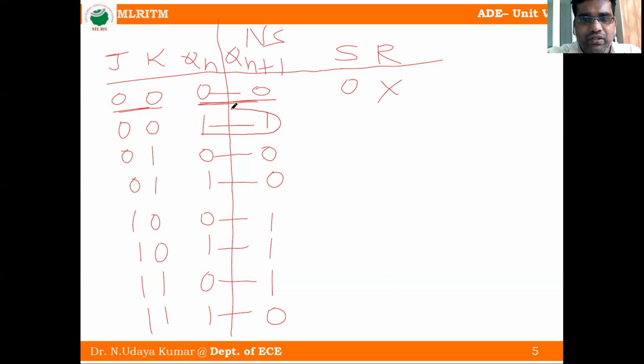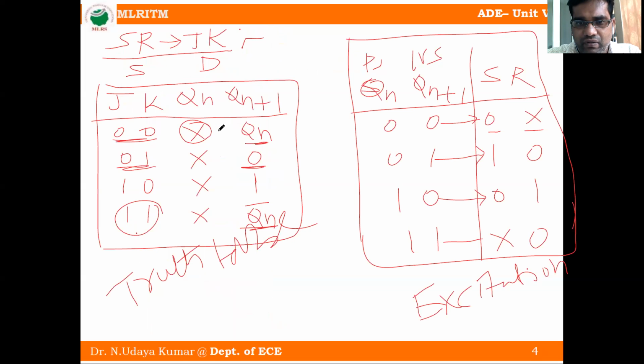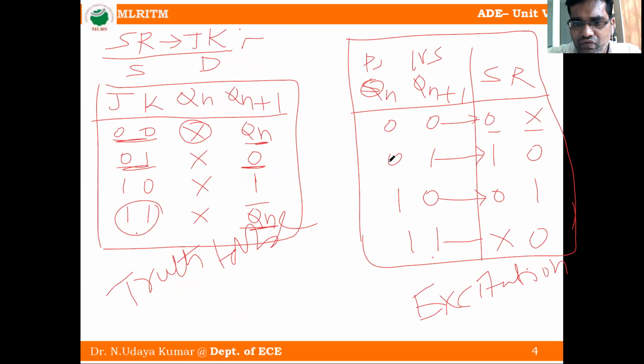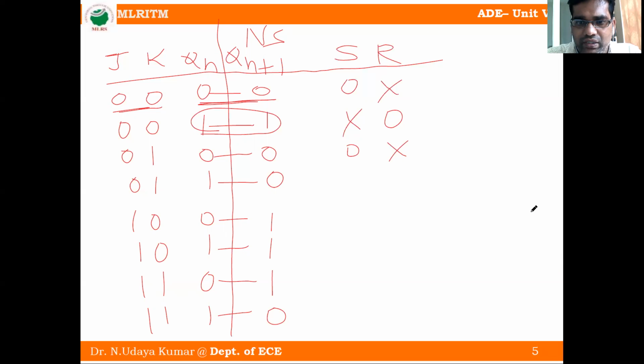For 1, 1, what is there? Don't care and 0. For 0, 0, 0 and don't care. For 1, 0, we got 0 and 1.